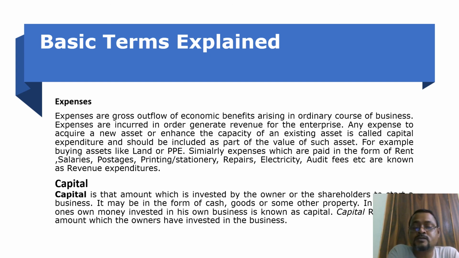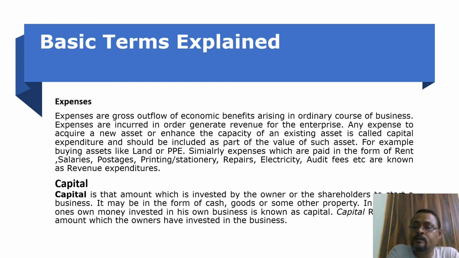But it is not always true that all the capital, all the cash that is invested, is spent on buying assets. Some assets may not be bought, may not be required. So suppose I invested capital of 1 lakh, but I bought only assets of 80,000, and the balance of cash is remaining with me, which is still an asset, but cash is not a long-term asset.